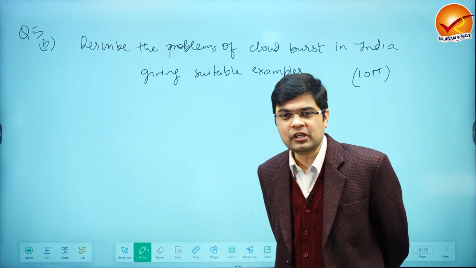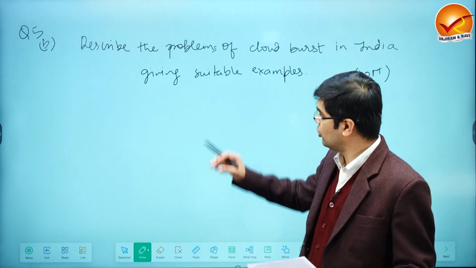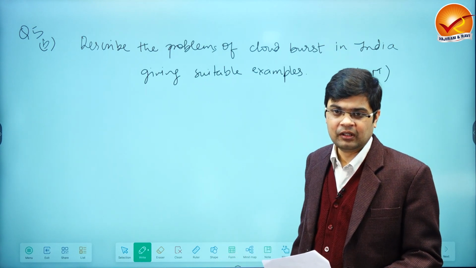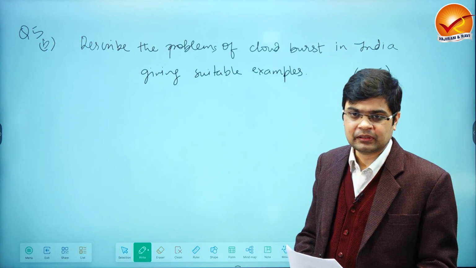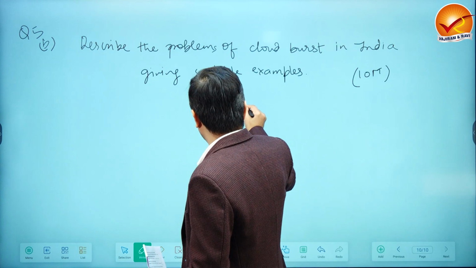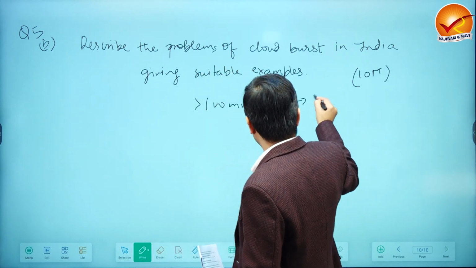When you introduce the question, just a 10-mark question, you can just introduce the question by talking about what is cloud burst. Okay, you can give the definition given by IMD, that if there is more than 100 mm of rainfall in 1 hour, then it is cloud burst.